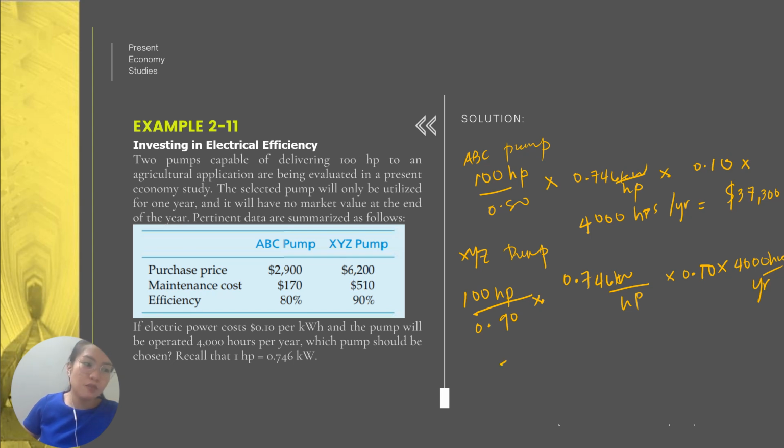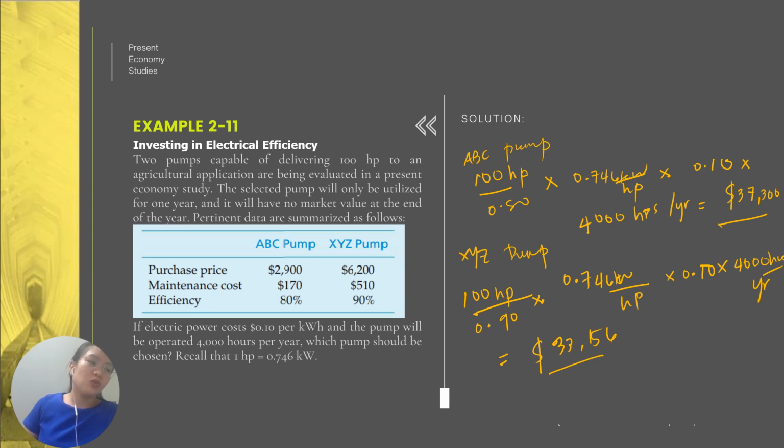Cancel out the units, and when you compute it, you will have $33,156. So we have 37,300 and $33,156.